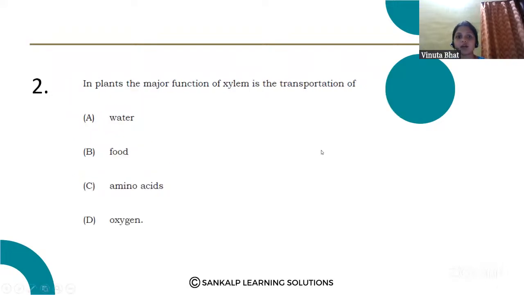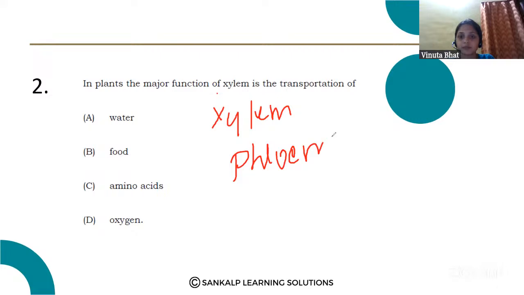Next question. In plants, the major function of xylem is the transportation of water, food, amino acids, oxygen. Xylem and phloem, they are the major tissues. They are helpful for the transportation of water and food.